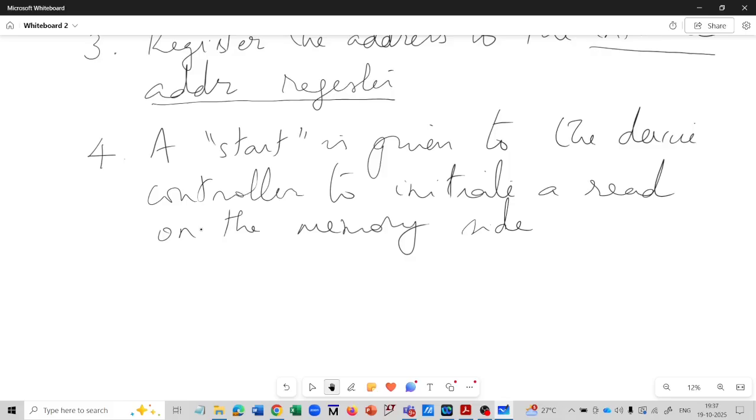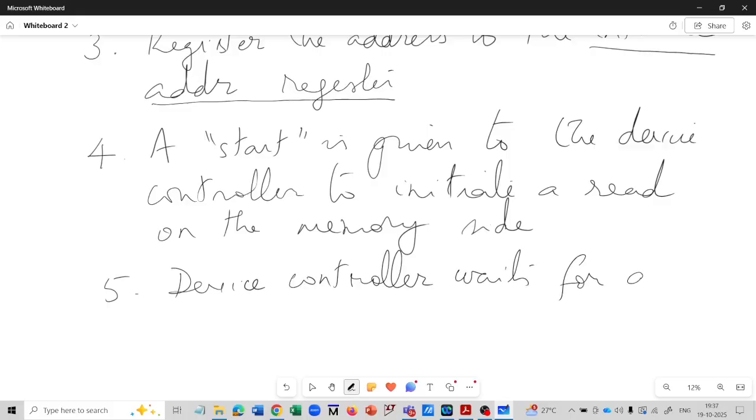All the interface signals on the memory side will be asserted by the device controller, which is a part of the interface controller. And once a transaction is initiated, the device controller waits for a ready indication from the memory.